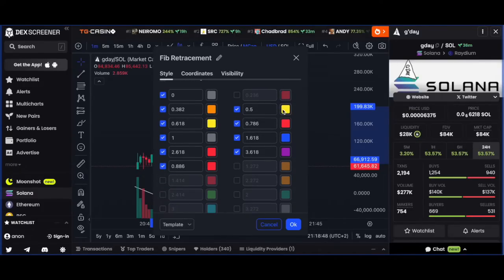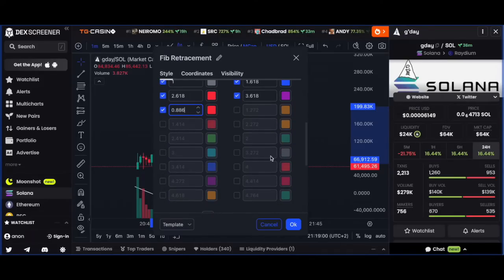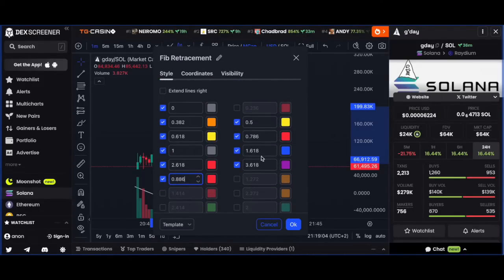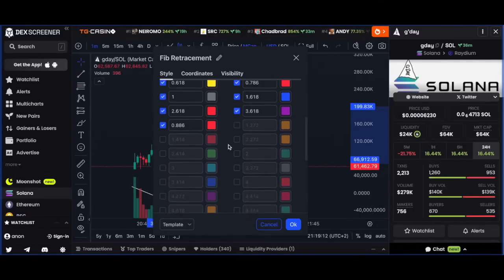So that's why I make it yellow, to make sure it's nice and golden, and then red for the 0.786, and there's this one here, the 0.886. And then obviously extensions, I just run with those. There are a lot more fibs as well, but you can dive in and learn about them if you want. But the 0.618 is generally a reliable extension. Those are your number settings on the chart.